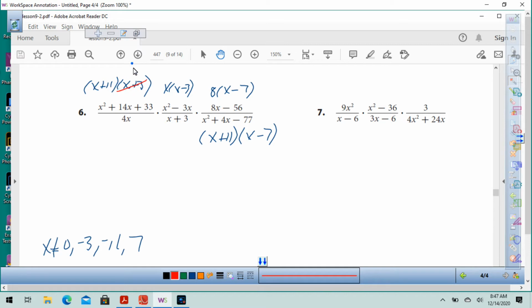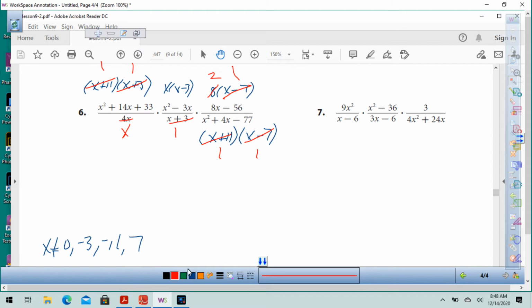We've got x plus 3 and x plus 3. We have x plus 11 and x plus 11. Getting more manageable now. And we have x minus 7 and x minus 7. Good. And we have 4x, and we'll just make that x, and this 8 will become 2.